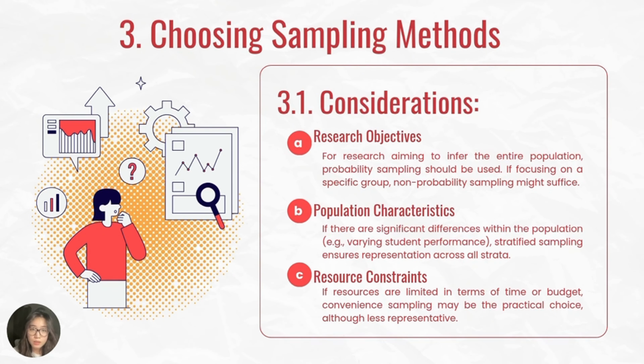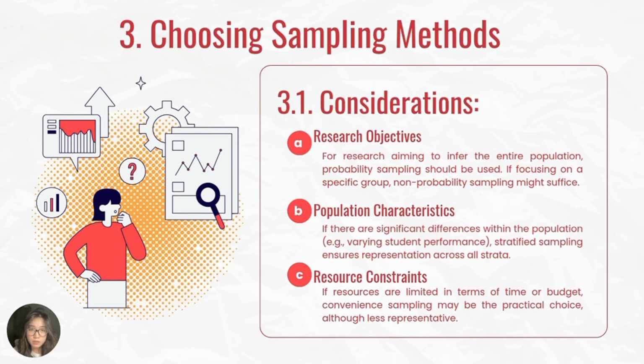On the other hand, a poorly chosen sampling method can lead to skewed results that do not truly reflect the population's characteristics. Sampling is the process of selecting a representative sample from a larger population in order to make inferences about the entire population.